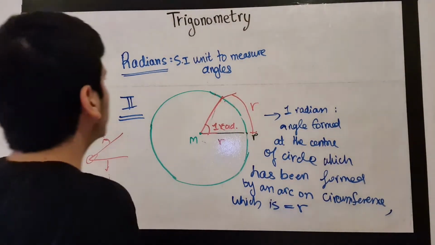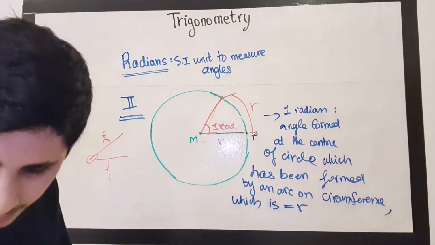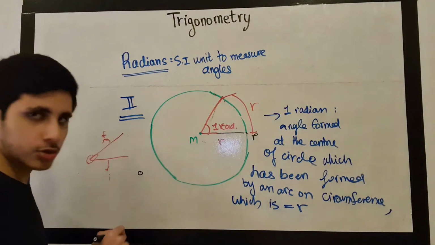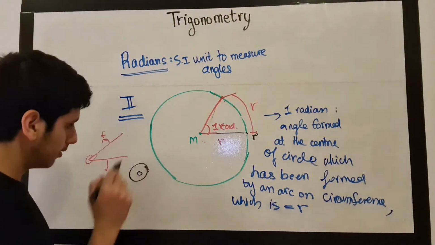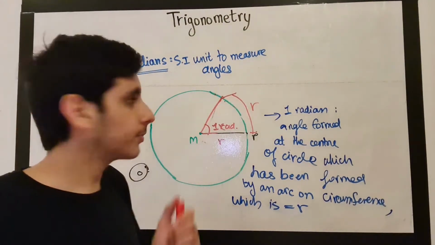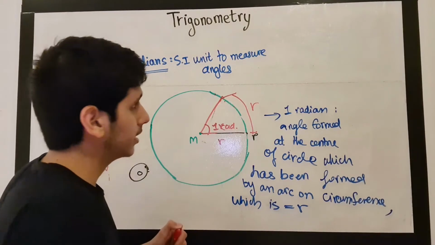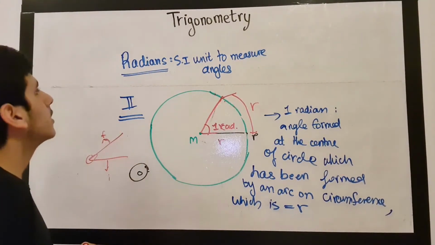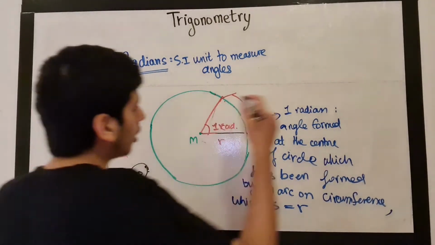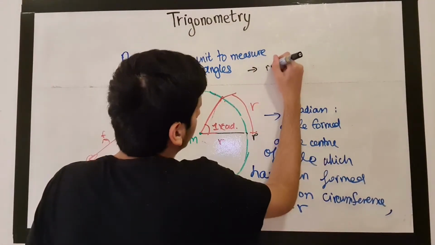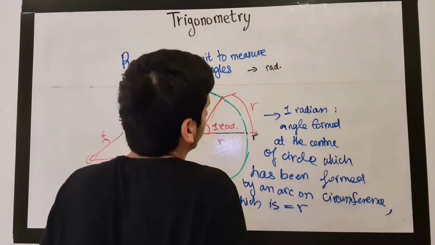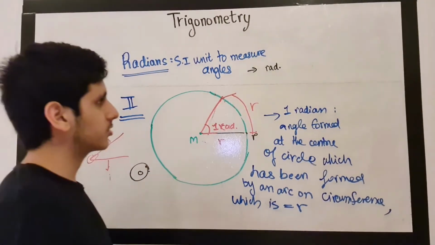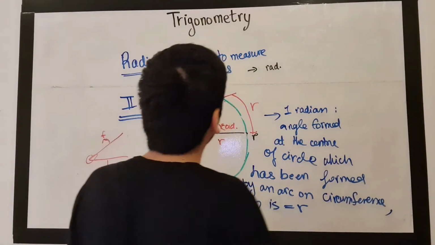As I've told you before, the symbol for degrees is the superscript circle. For radians there are actually 2 or 3 symbols, but the most common is just the word RAD with a dot, which means radian in full form.